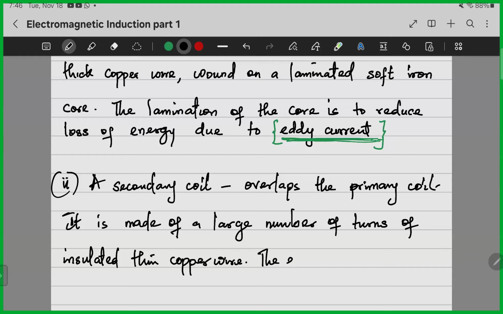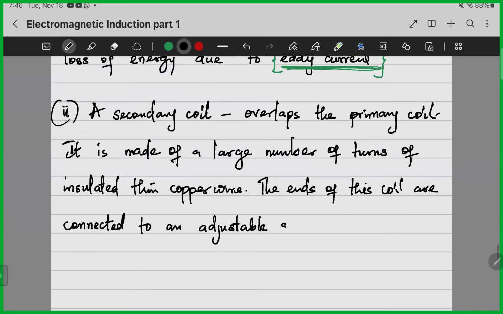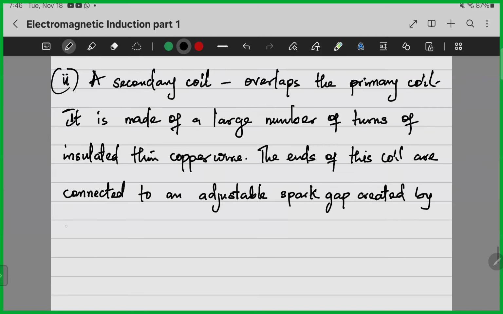The ends of this coil are connected to an adjustable spark gap created by two adjustable brass rods.